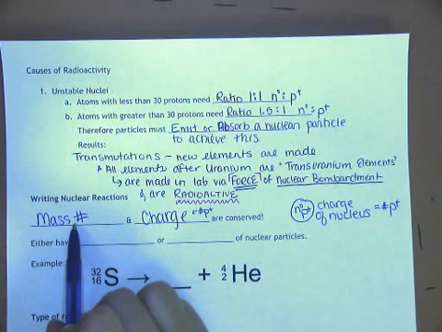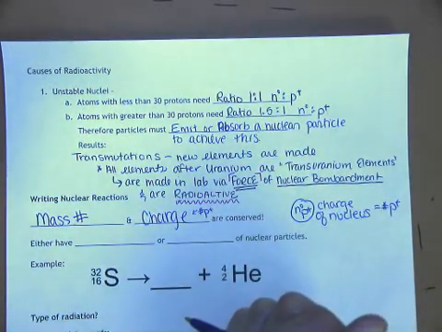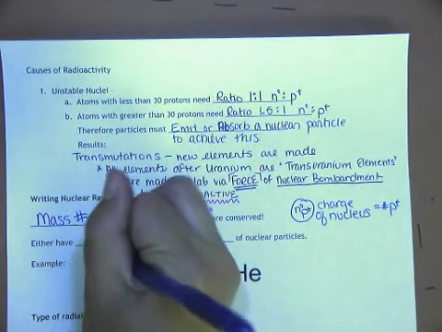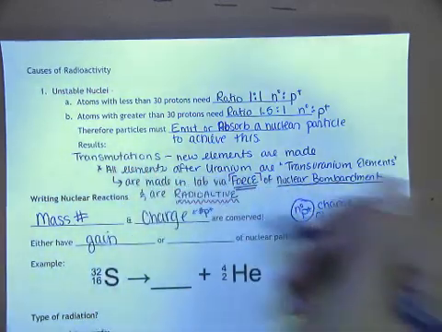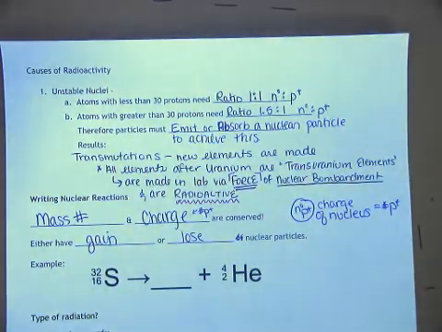The mass number also has to be conserved, so we can't just make them disappear, we have to account for them. So they are either going to gain or lose their nuclear particles.